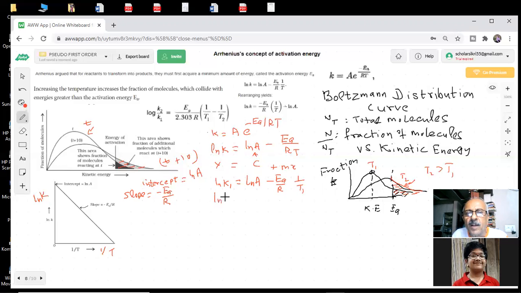And now you increase the temperature, what will happen? T1 to T2. ln A value is not going to change. Ea is not going to change. R is not going to change, but temperature is changed. So you have two equations.